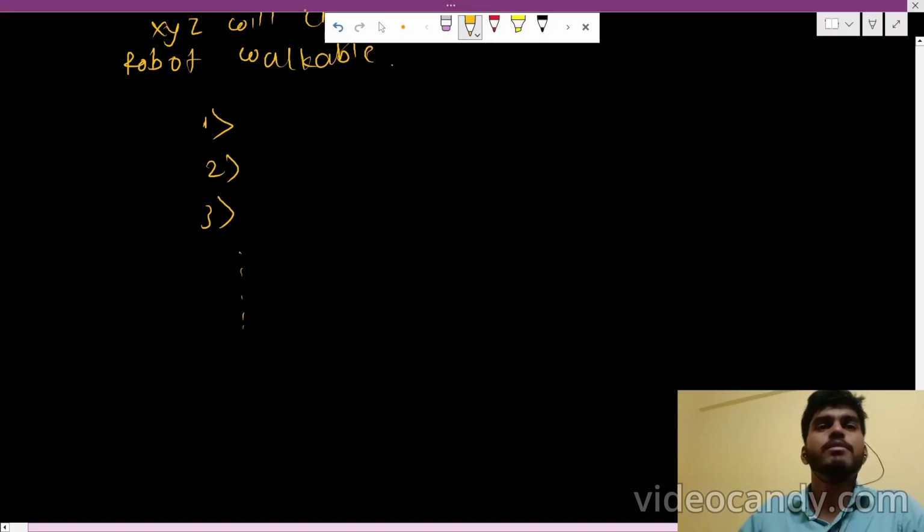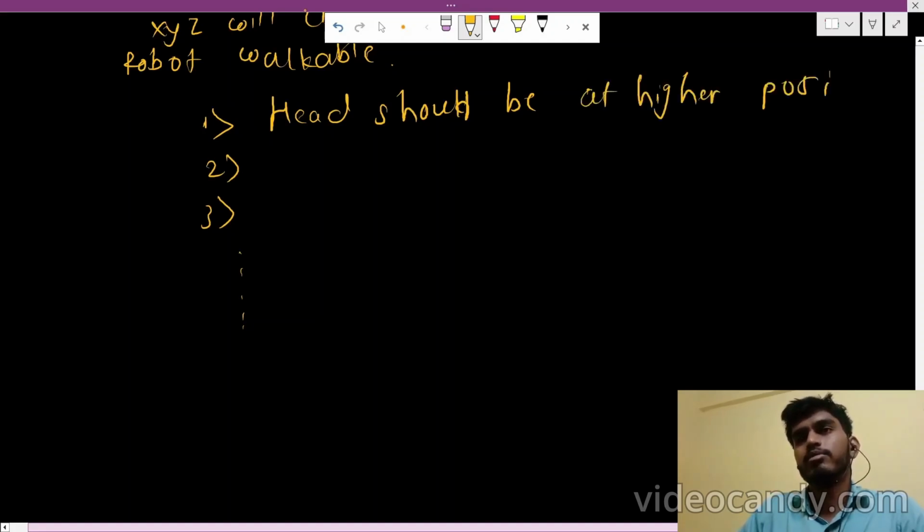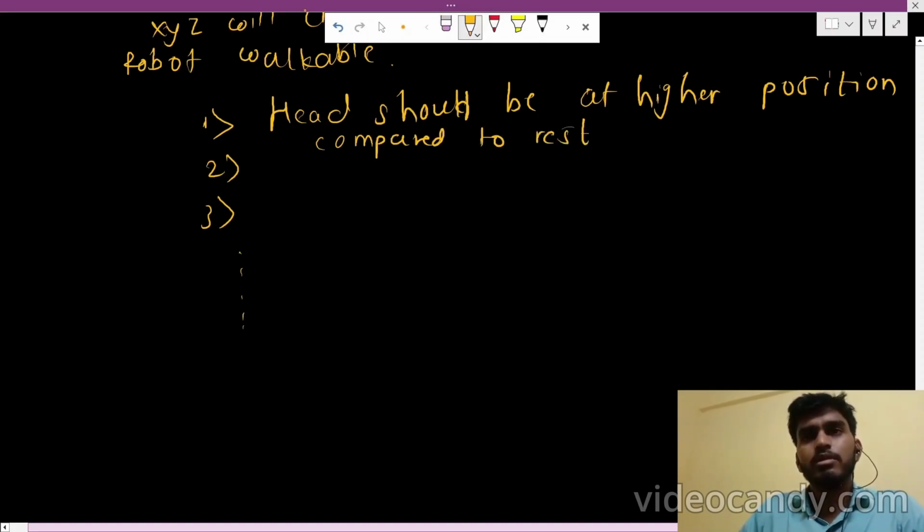The first rule is the head should be at a higher position compared to the rest of the body parts.